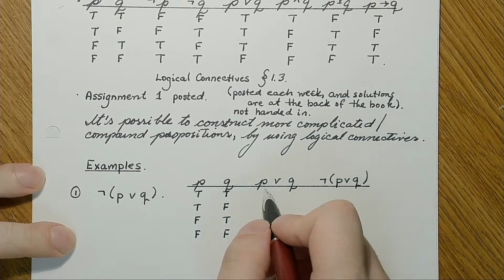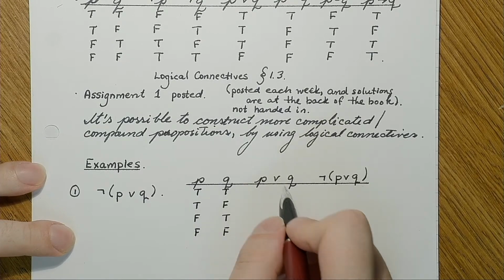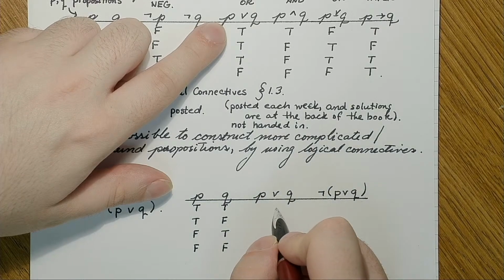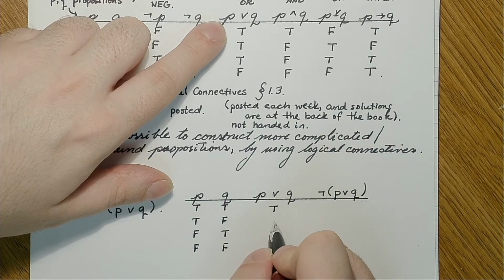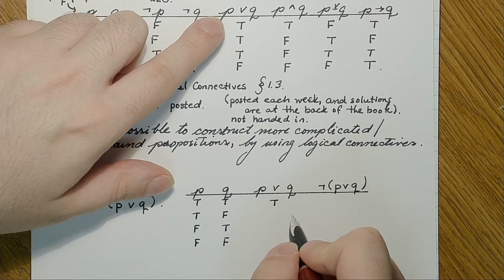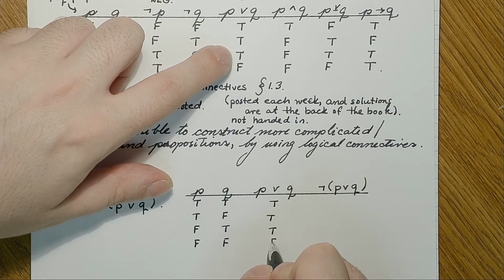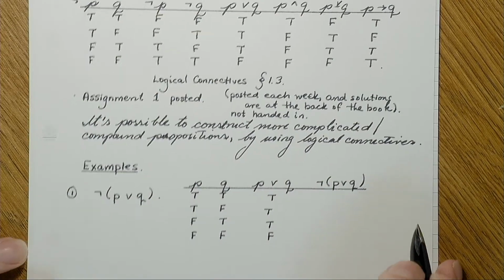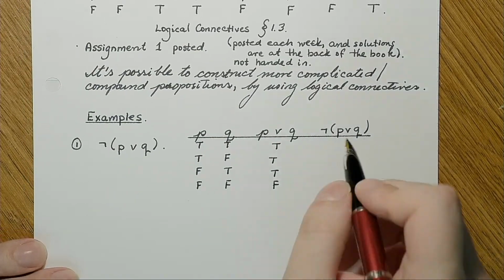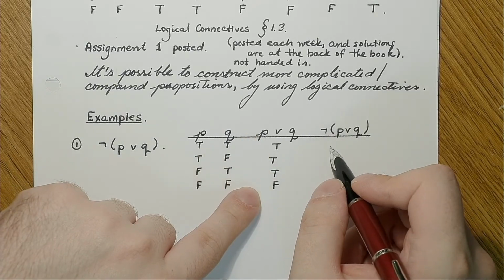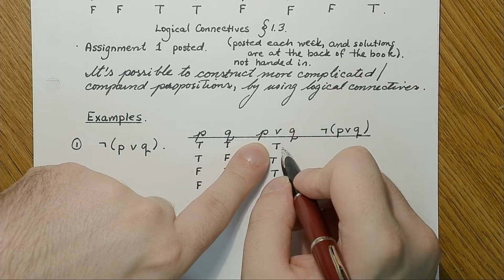Now, I should know what the P or Q is, but if I look up here, I can just follow along. So it's true, true, true, and false. And then all I do now is I have a negation. I just take this and flip the sign. So I'm working on this column now.